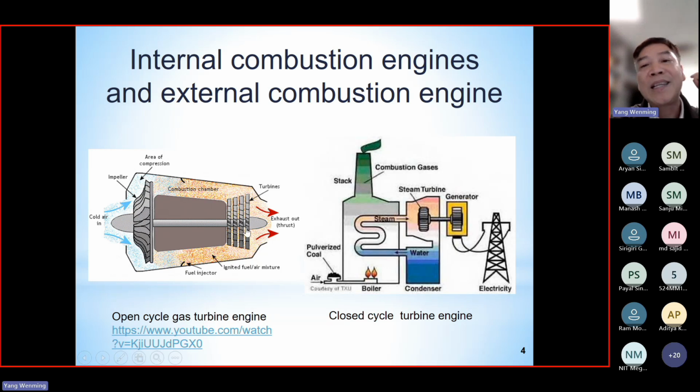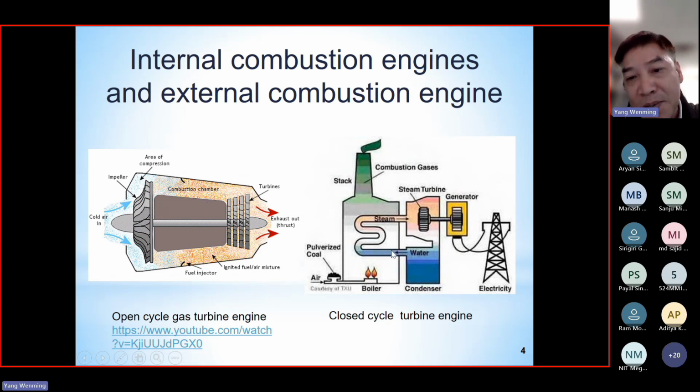So now we can see the difference between the internal combustion engines and the external combustion engines. First one, in this design, we can see the working media is the combustion products, correct? In the internal combustion engines, the working media participates in the combustion process, correct?